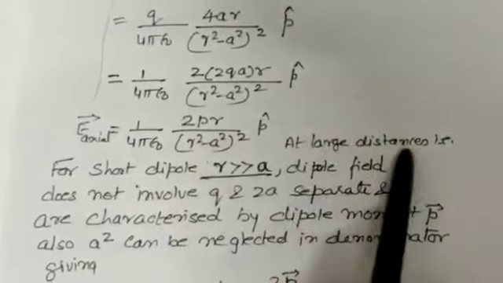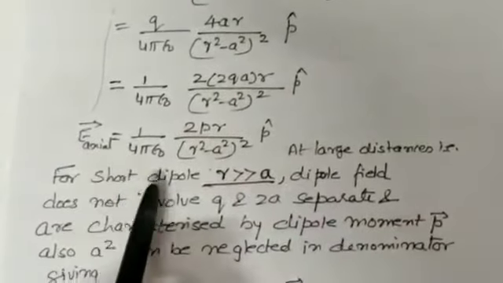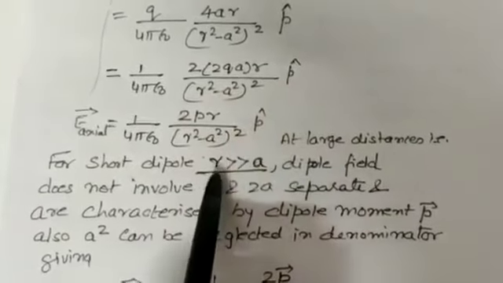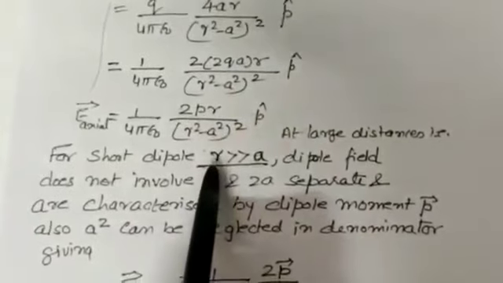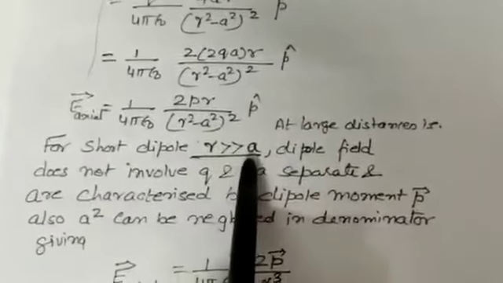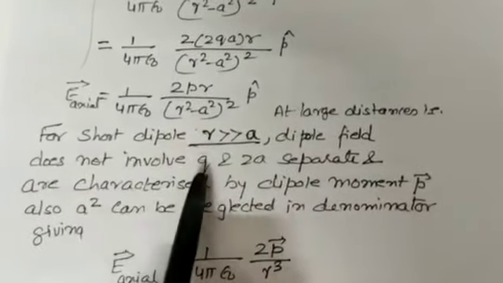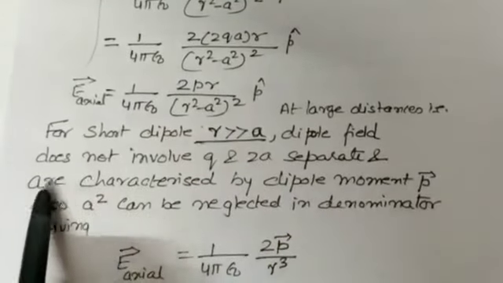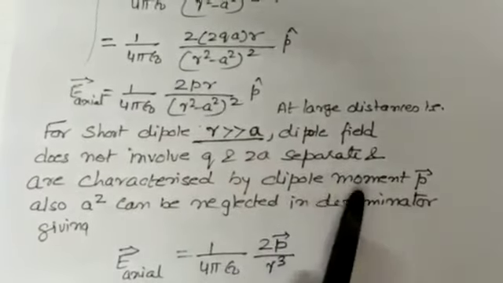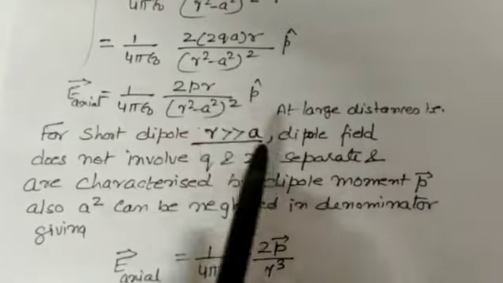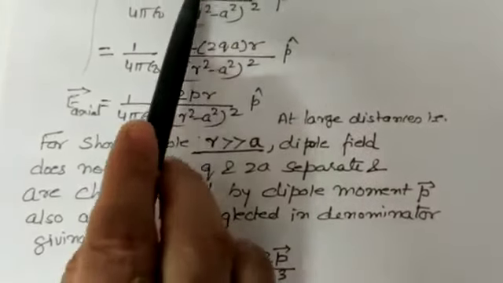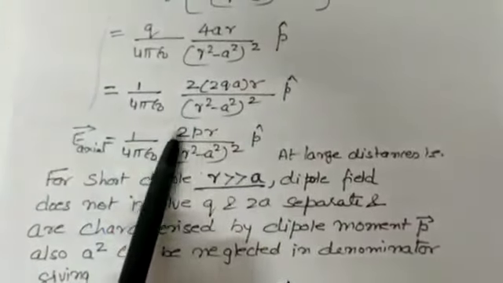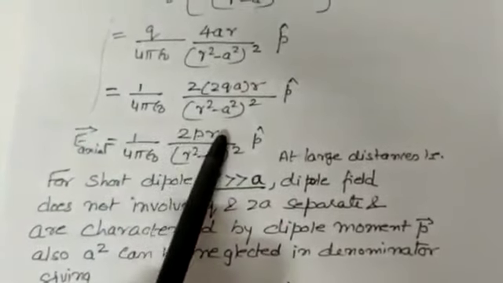However, at large distances, that is when dipoles are short and your points are at large distance, r is much greater than a. Dipole field does not involve q and 2a separately and is characterized by dipole moment p only. That is why instead of keeping the value in terms of 2aq, we place it in terms of p, 2pr.